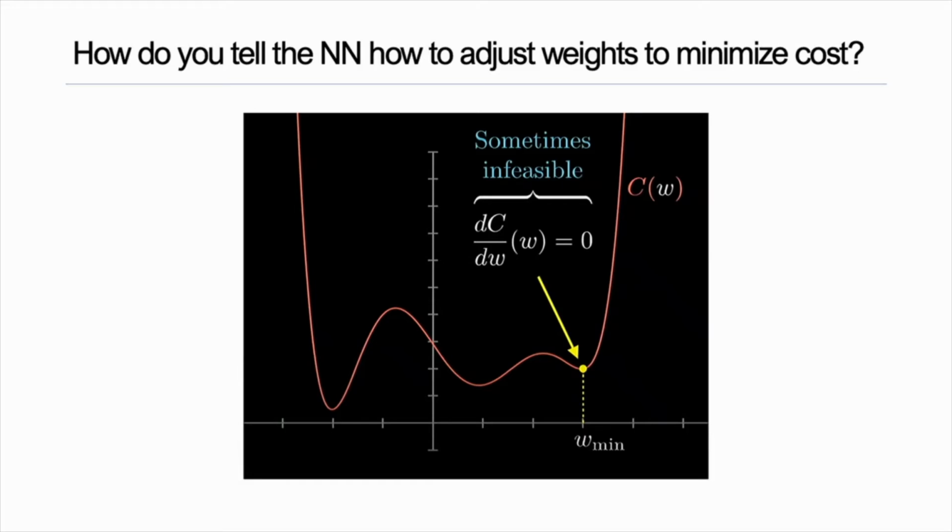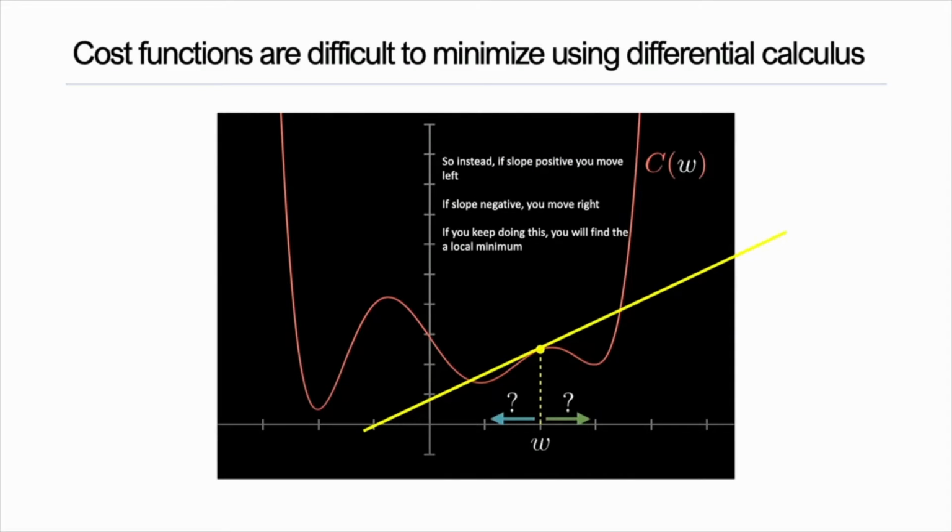So what they developed was something called gradient descent. Gradient descent is an algorithm that helps you find the minimums. To understand gradient descent, at any point on the curve, you could be up here, you would draw a tangent to the curve.